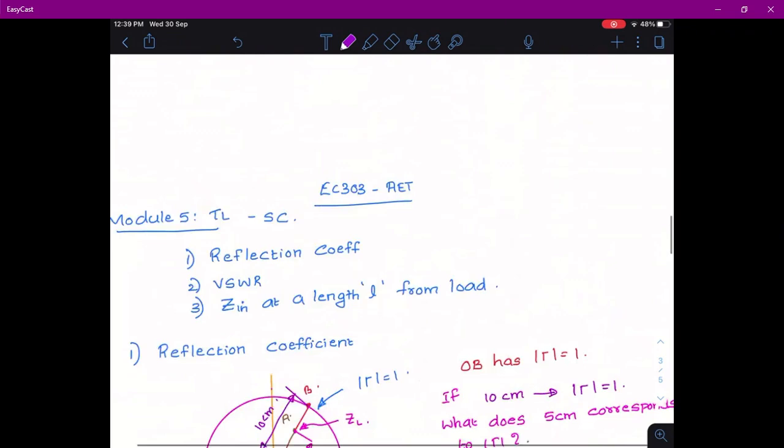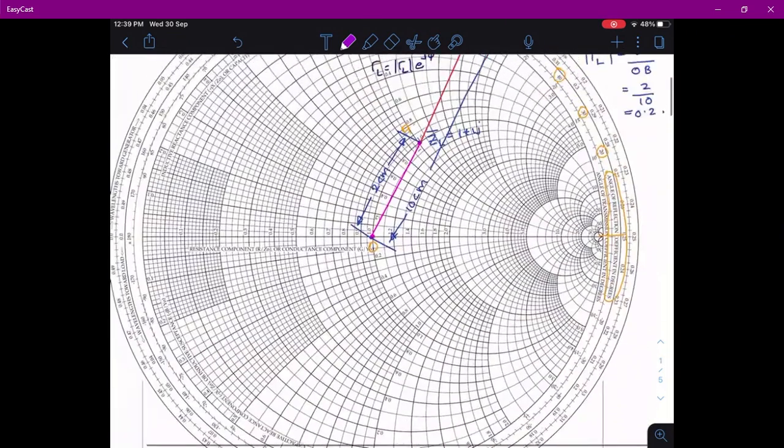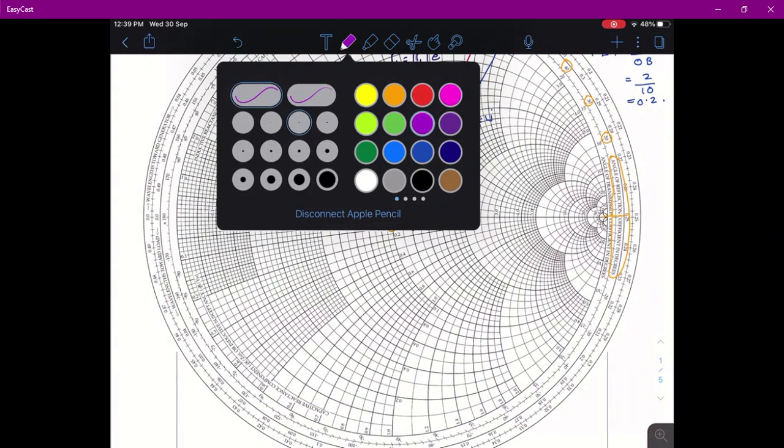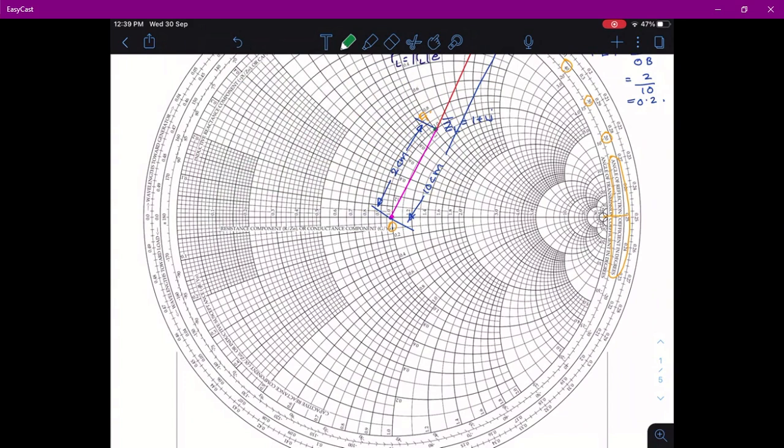Okay, so let's see in the Smith chart how it looks. We already have that point ZL, which is this.